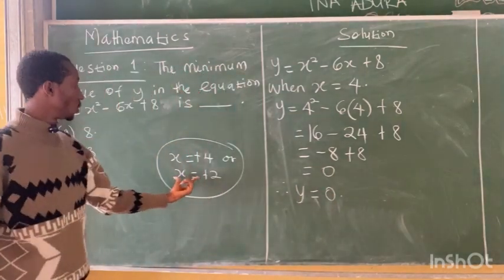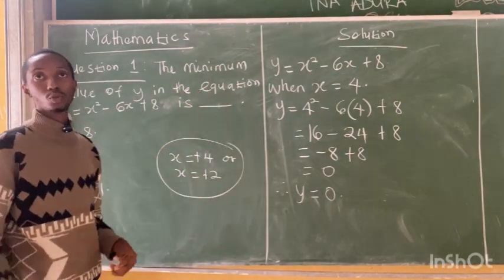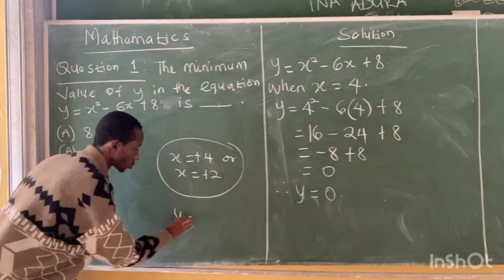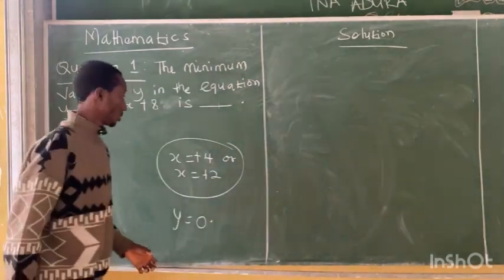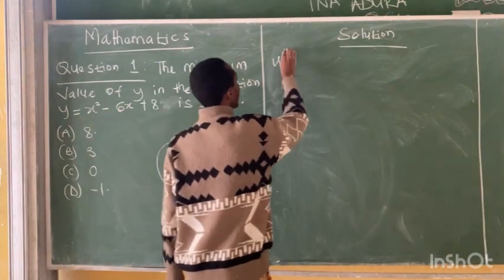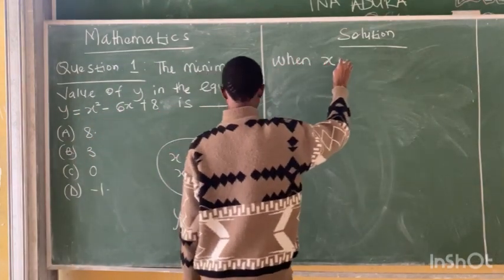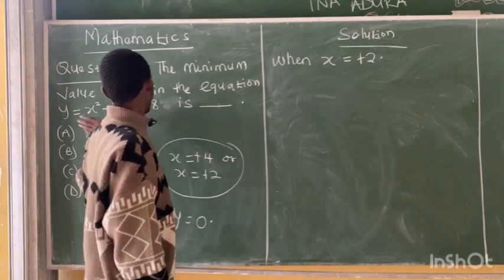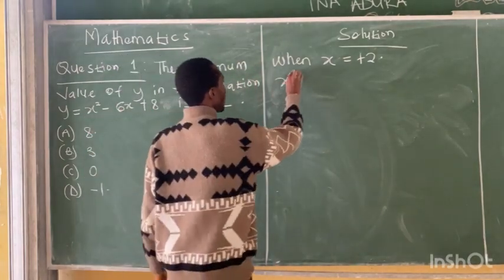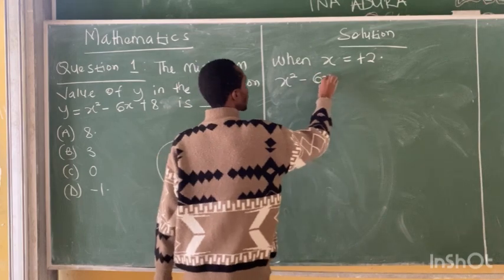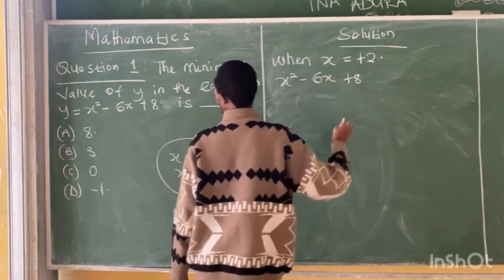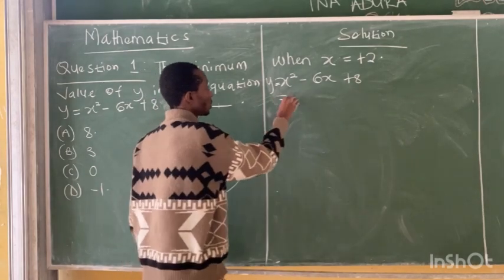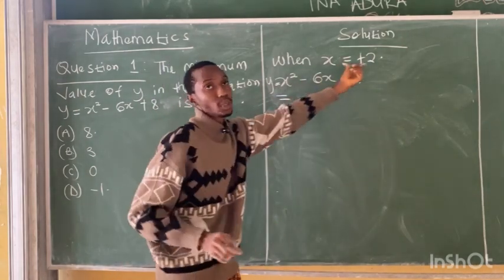Let's check for the second term when x is equal to plus 2. Don't forget, for the first term, y is equal to 0. Now for the second term, when x is equal to plus 2, we substitute into this equation, x squared minus 6x plus 8. Instead of writing x squared, we replace it with 2.